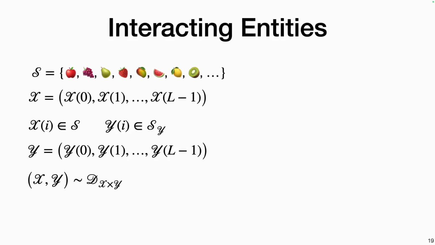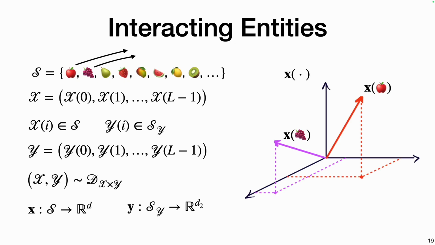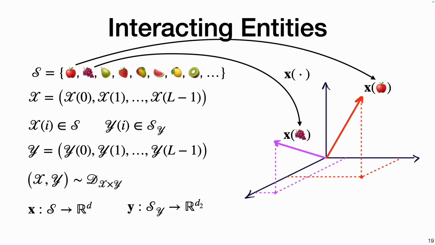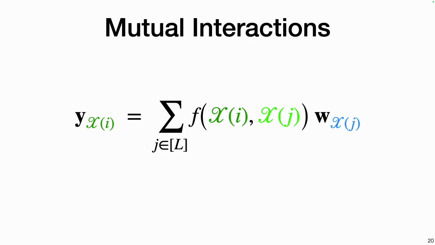Also, we say that these xy tuples are distributed according to a task distribution D of xy. And to feed these tuples into a neural network, we need to embed them into a vector space. So we have embedding functions for the domain S, and we have a corresponding function for the label domain too. With these definitions, I can now share the key equation for our theories. We look at the labels generated according to this aggregate mutual interaction function.